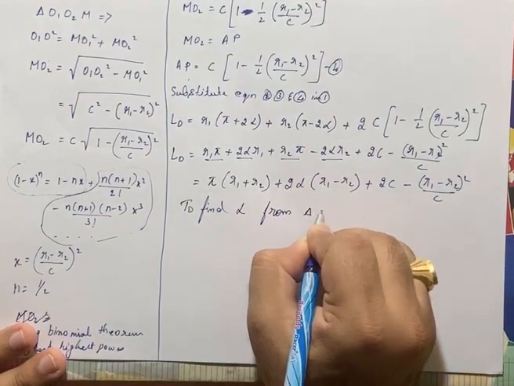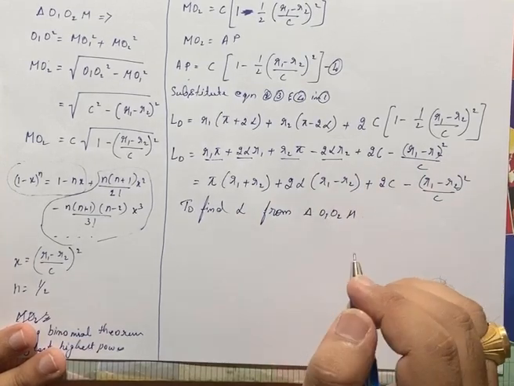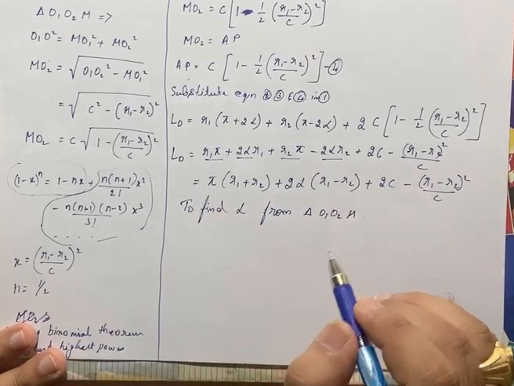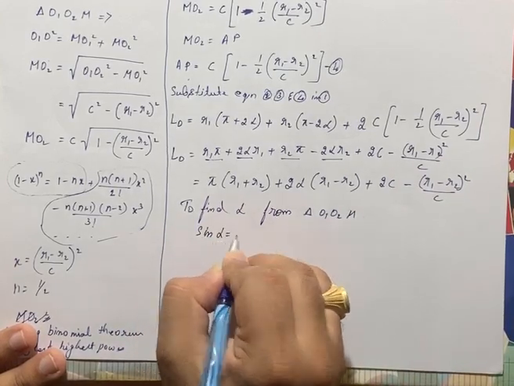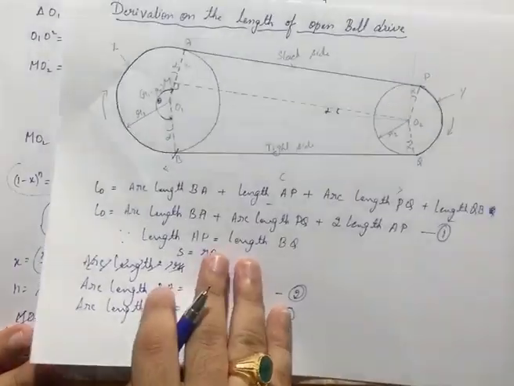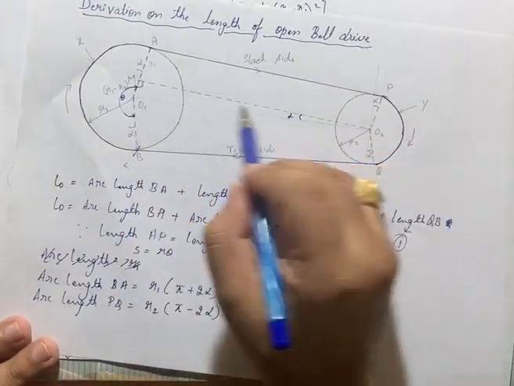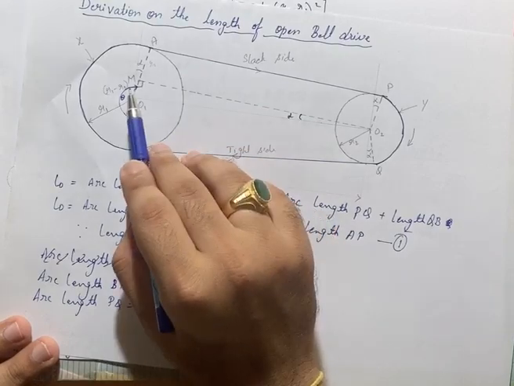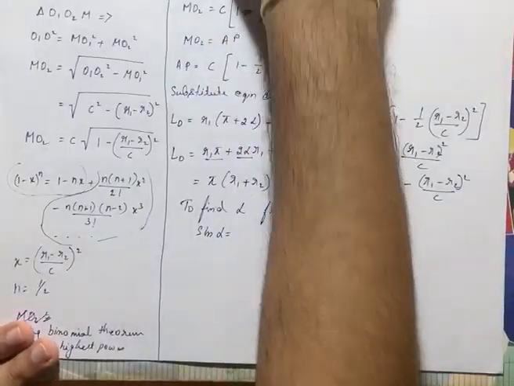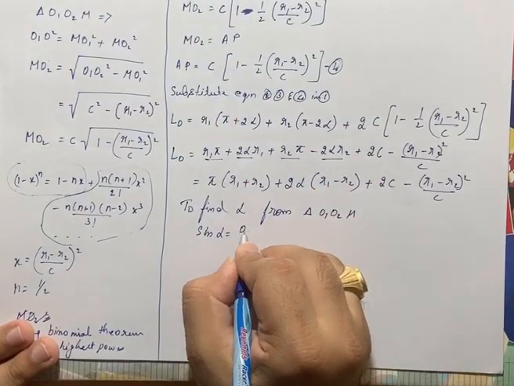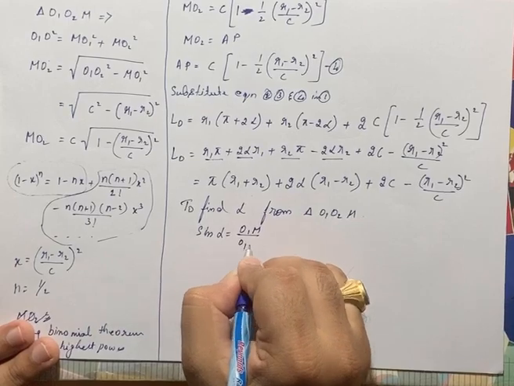From triangle O1 O2 M, sine alpha is opposite by hypotenuse. Opposite here is O1 M, hypotenuse here is O1 O2.